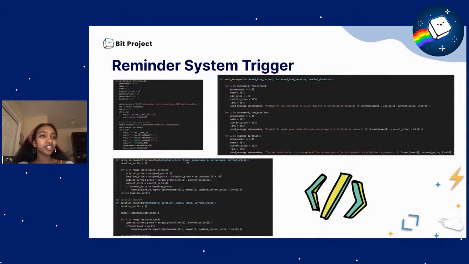And these basically return arrays with all of the information needed. And then this method called send messages gets that information from the arrays. And then for each of the cases, it would basically write some sort of a message like the product has increased in price or meets the ideal discount percentage and sends out the information to each of the users.